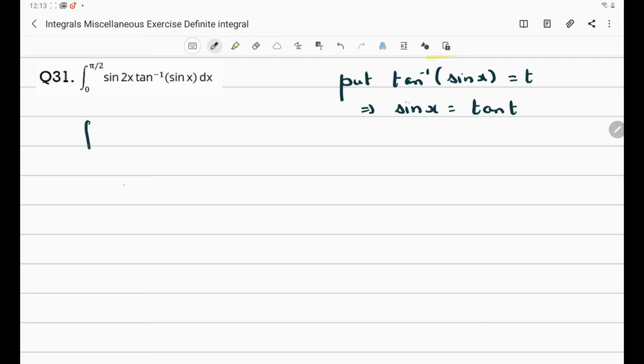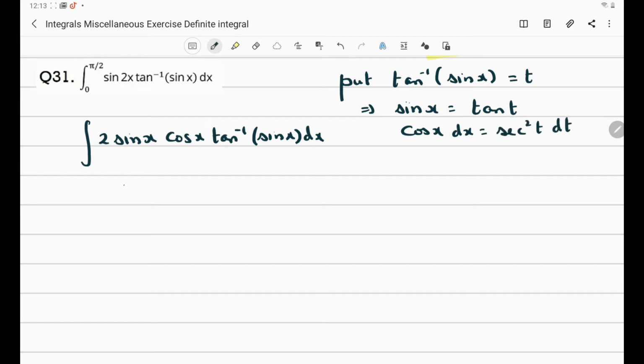So we can write this as sin 2x, which can be written as 2 sin x cos x, into tan inverse of sin x dx. So if sin x equal to tan t, then we can write cos x dx is equal to secant square t dt.